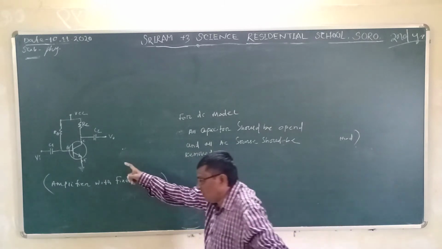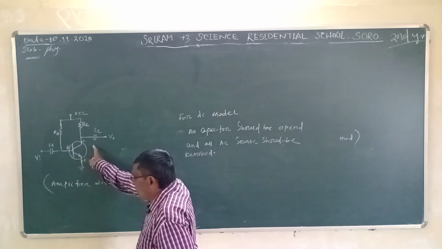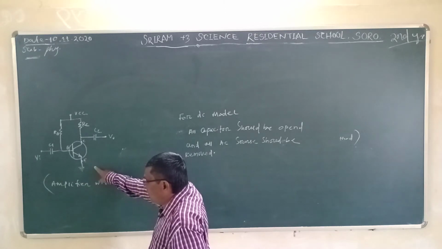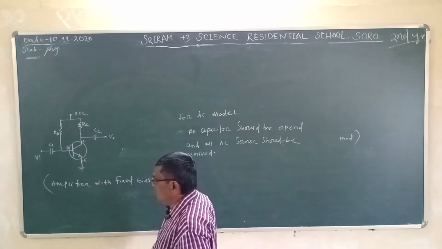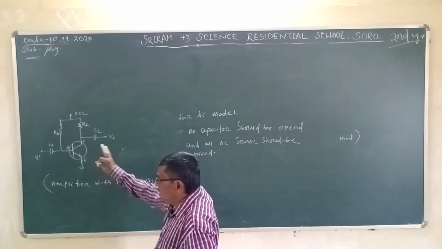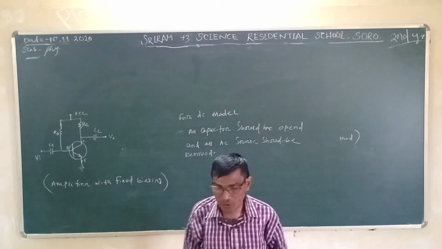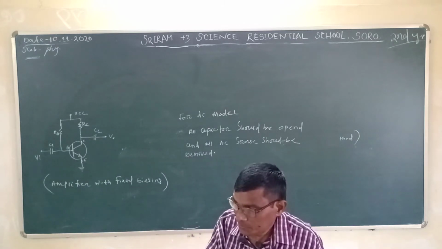So this circuit is an amplifier with a fixed bias circuit. Now we modify this circuit by removing the AC source and opening all capacitors.